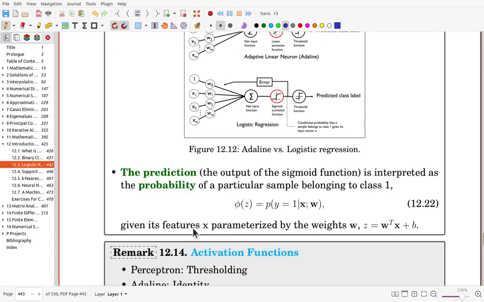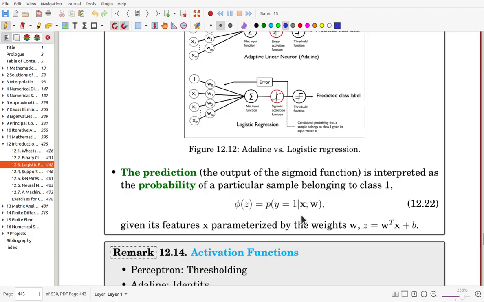And once the predicted value comes out, then the prediction is interpreted as the probability. Anyway, the value is between 0 and 1, and so we can consider the output as the probability of a particular sample belonging to class 1.